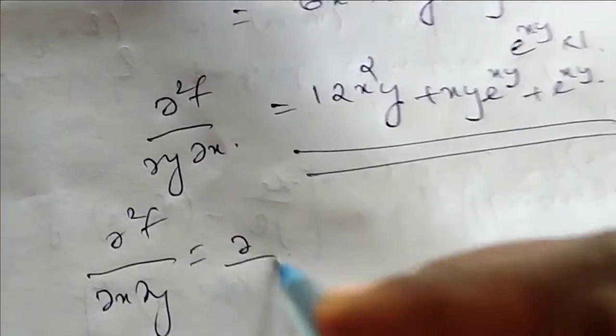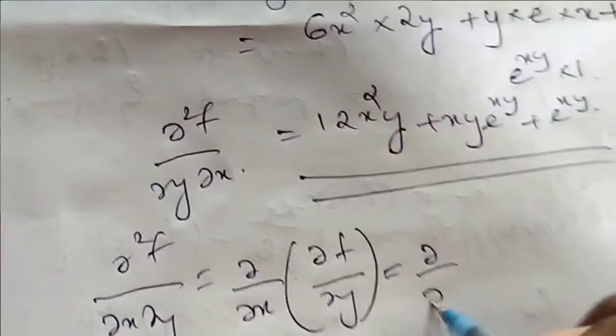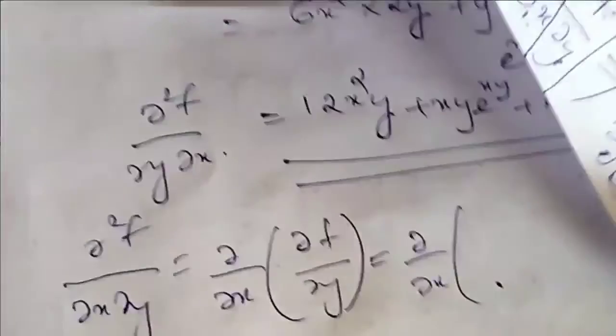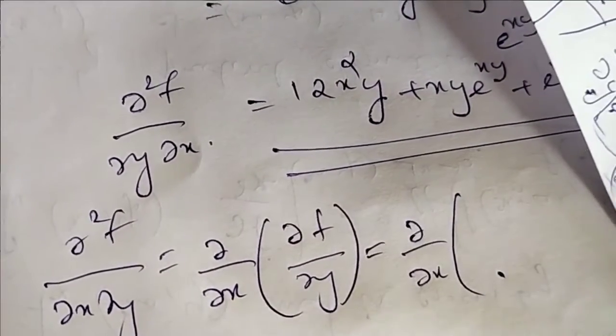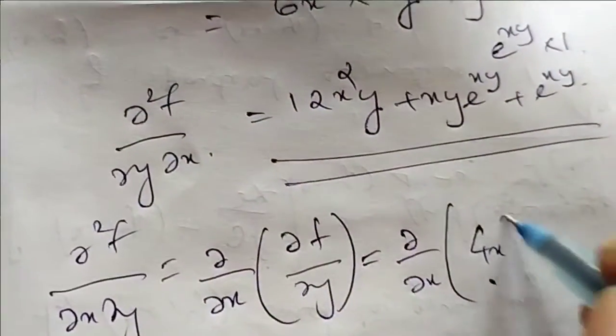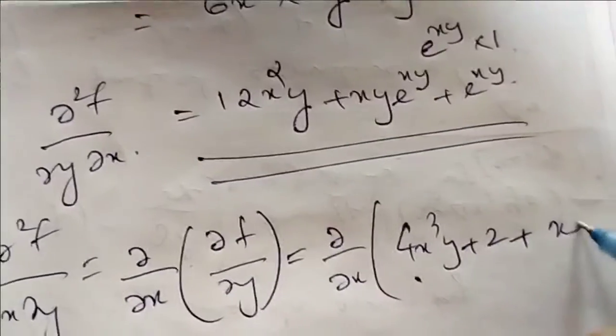Similarly, we can find ∂²f/∂x∂y. It is ∂/∂x of ∂f/∂y. What is ∂f/∂y? ∂f/∂y is 4x³y plus 2 plus x e raised to xy.